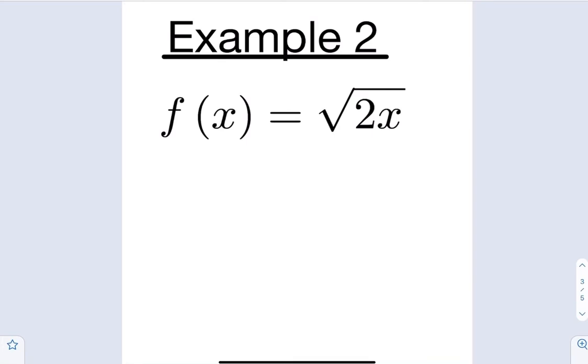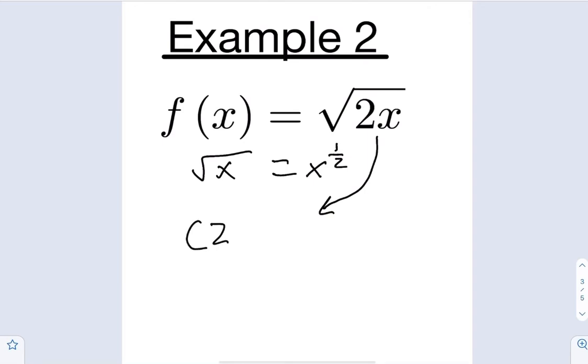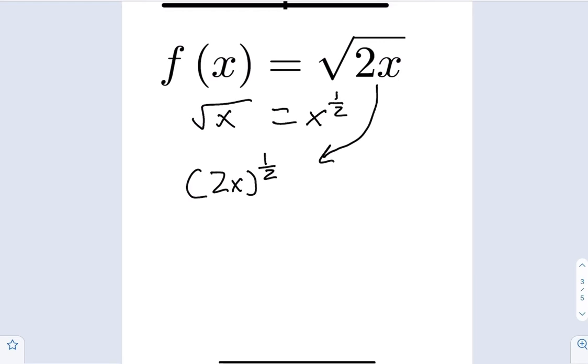If you recall, the square root of something is the same thing as that something to the 1/2 power. So let's rewrite the square root of 2x in a different way: 2x to the 1/2 power. Right, perfect. And now we can simply do the power rule here.